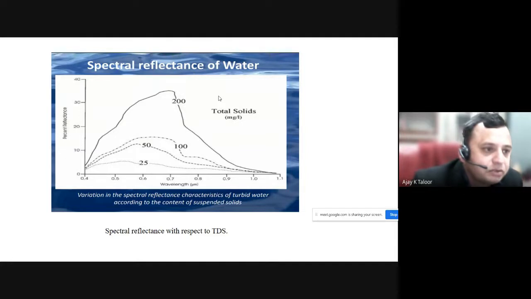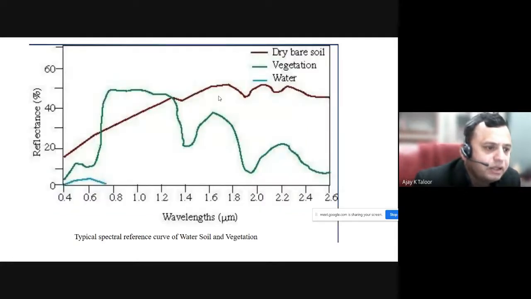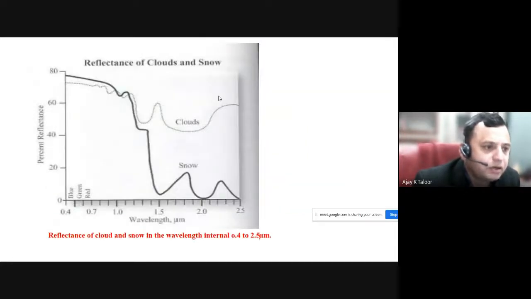Next, please, Surajit. Next, this is the same spectra for snow and water. As I told you, this is the spectra for the snow in the optical regions. If you see from 0.4 up to 1 micrometer, the reflection for the snow cover is very high.